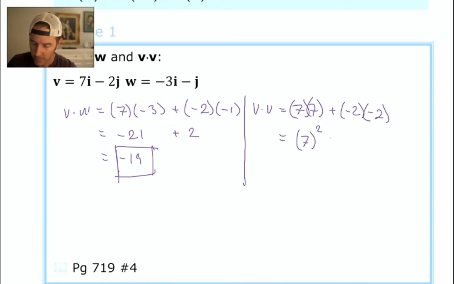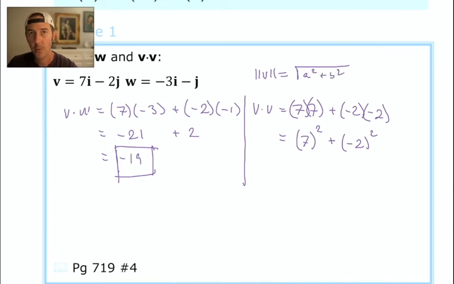We could write this also as 7 squared plus negative 2 squared, and that looks a lot like a squared plus b squared. The other thing we normally think of with a squared plus b squared is that it equals c squared, the Pythagorean theorem. In fact, that's how we were evaluating the magnitude of a vector: taking the square root of a squared plus b squared.